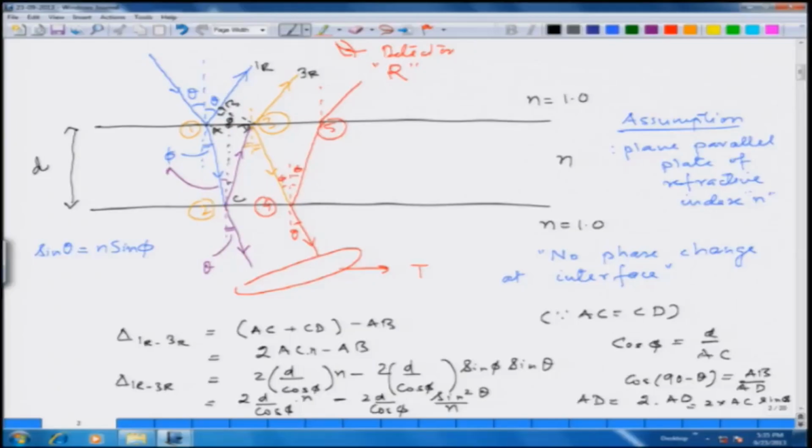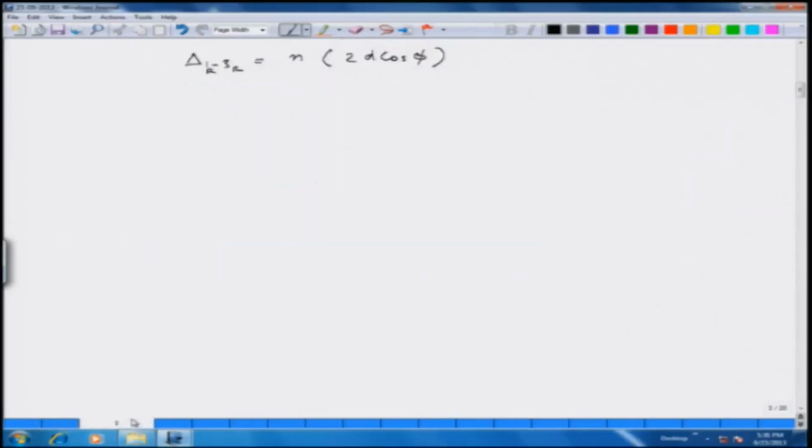So, all consecutive rays which are either being reflected or transmitted in this case are all going to have the same path difference, which is going to be equal to n times 2d cos phi.